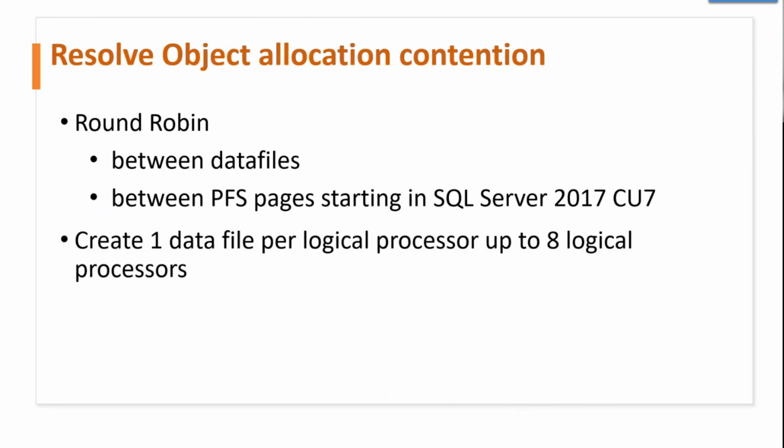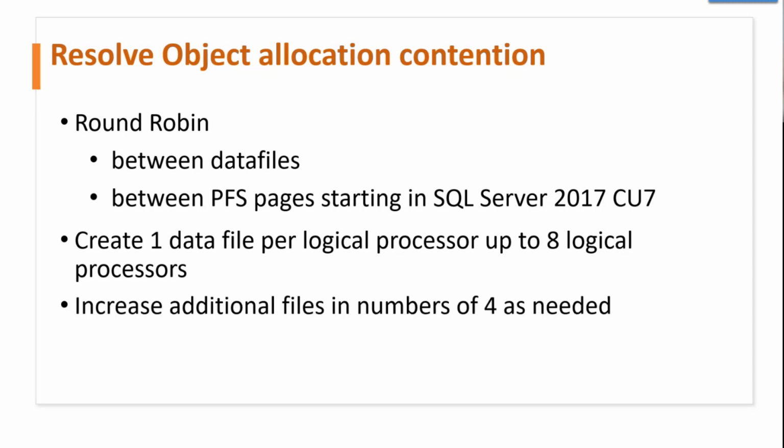For up to 8 logical processors, you create 8 TempDB data files. Imagine you have 4 processors, then you create 4 files. If you have 6, you create 6 files. But if you have more than 8 logical processors, like 16 or 32, start with 8. Always start with the minimum of 8. Check for contention. If you see contention, then add 4 more. You always increase in numbers of 4.